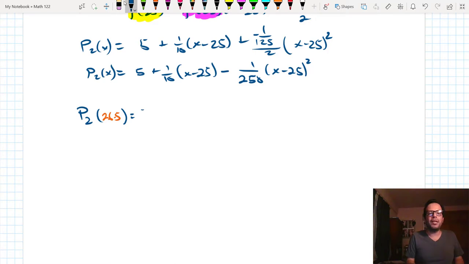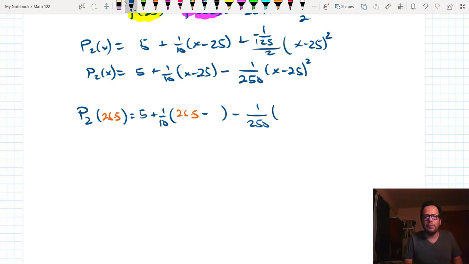So this will be 5 plus 1/10 times 26.5 minus 25, minus 1 over 250 times 26.5 minus 25 squared. By the way, this is supposed to be with blue.